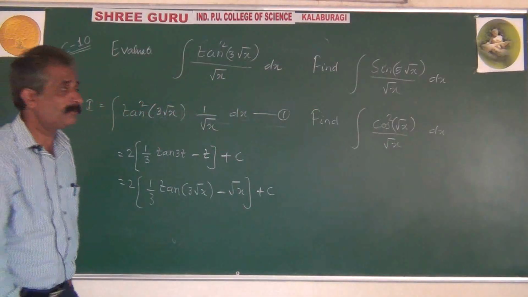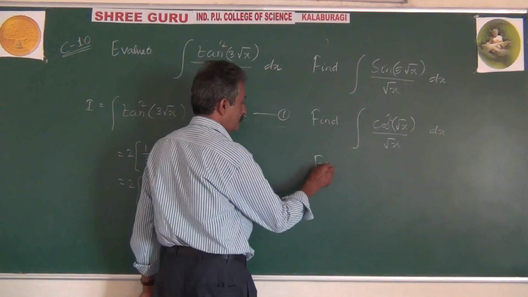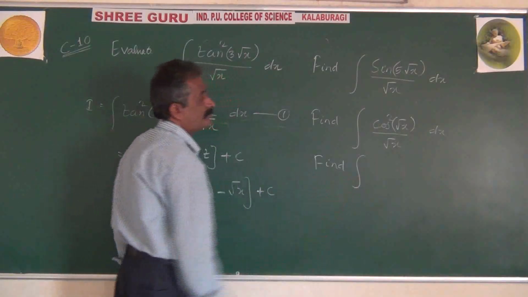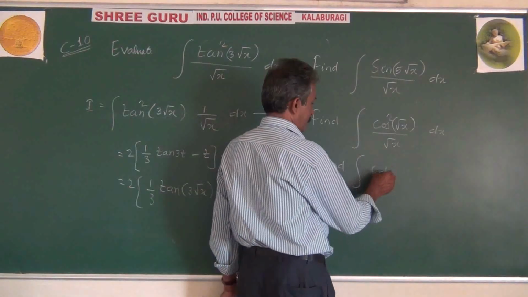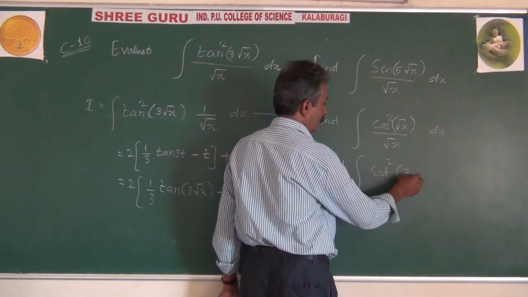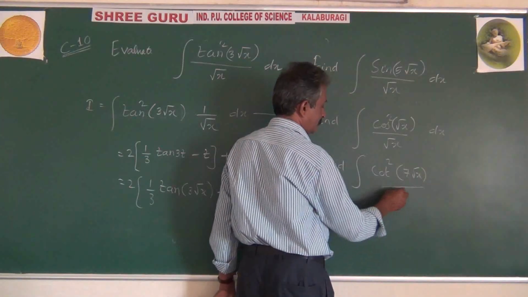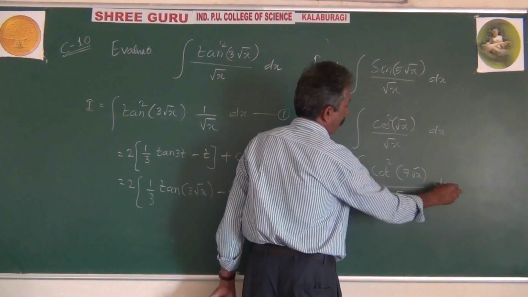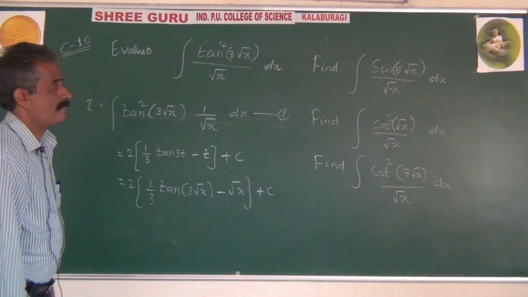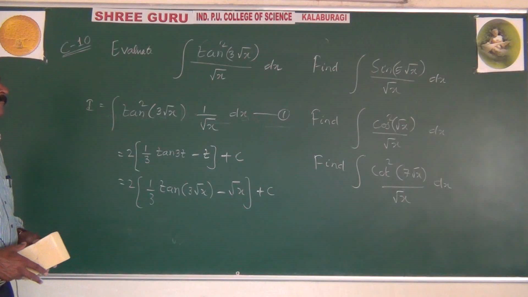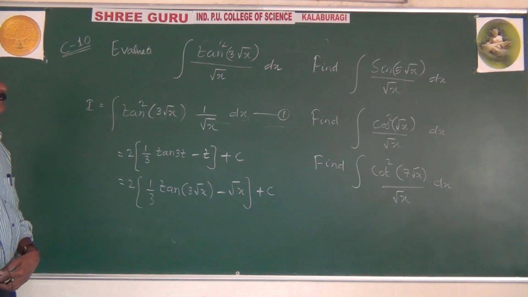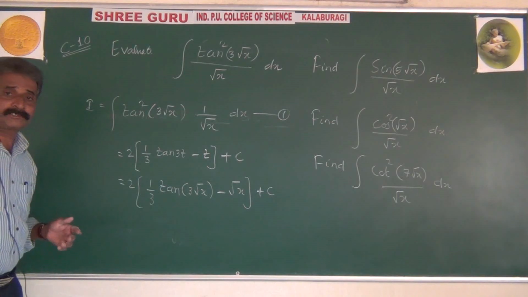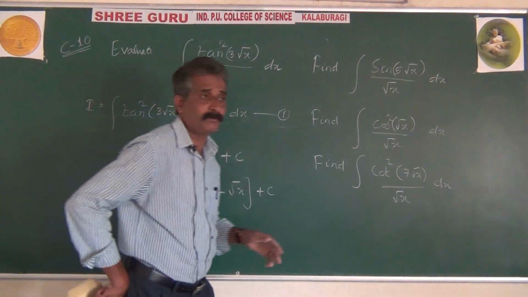Here put root x equal to t. Another, find integration of cot square 7 root x divided by root x dx. Try these 3 yourself, just like the last problem type they are. And if you try, you will become still more perfect in these kinds of problems.